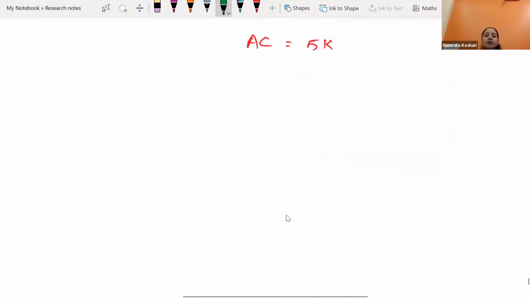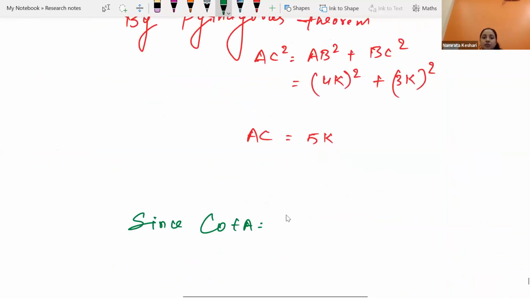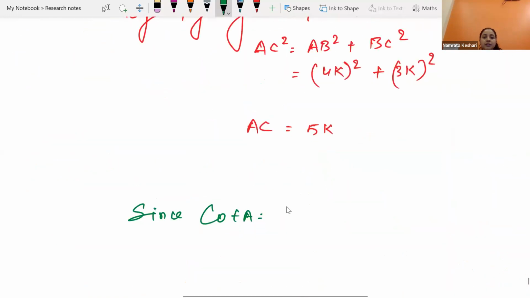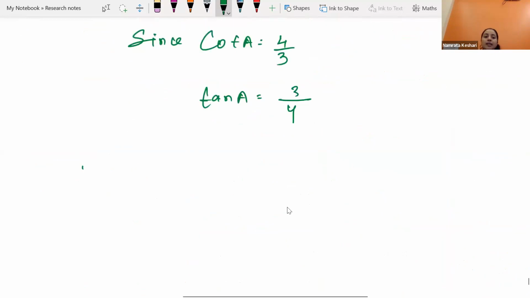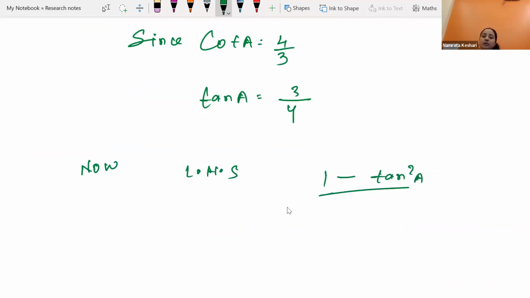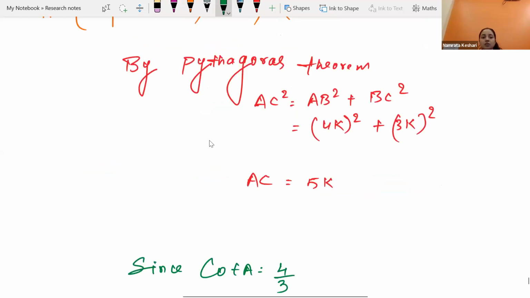So cot A is 4 by 3, then of course tan will be the reciprocal of that. Tan A will be 3 by 4. Now the left hand side will be 1 minus tan square A over 1 plus tan square A. Minus was there in the numerator, right?